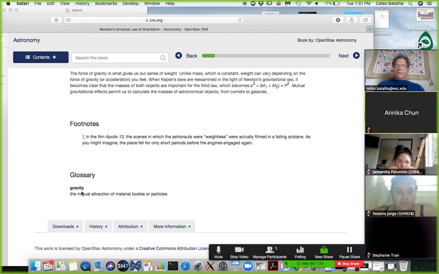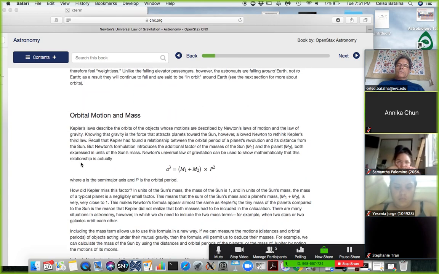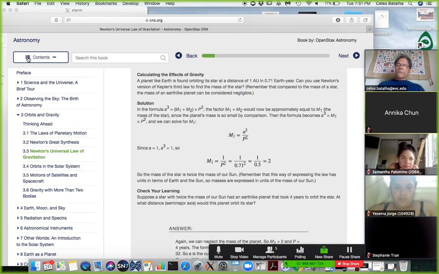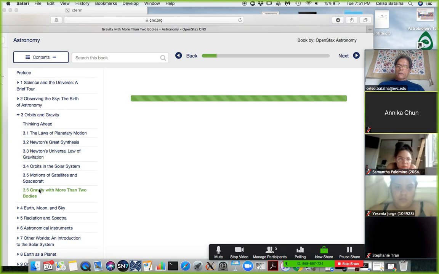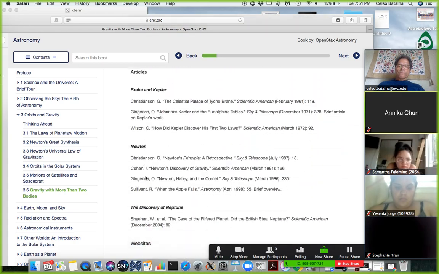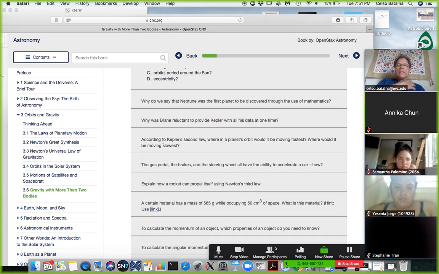For instance, gravity. I could have a question associated with gravity. Also, if you download the entire PDF content and go to the last section, and scroll down a little bit more, you have some discussion questions in there.